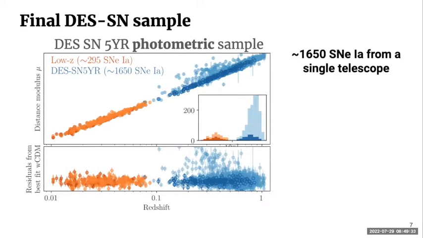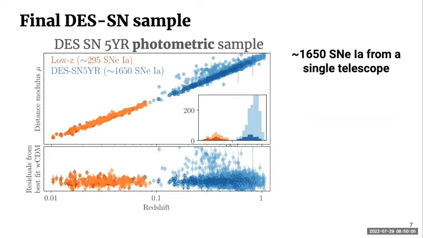So this is the final DES supernova sample. We call this the photometric supernova sample because we don't require this spectroscopic follow-up of the supernova. For this sample, we have roughly 1,700 supernovae, likely supernovae 1A, that can be used for cosmology. We also included in the low redshift sample an extra 150 supernovae coming from the Foundation.